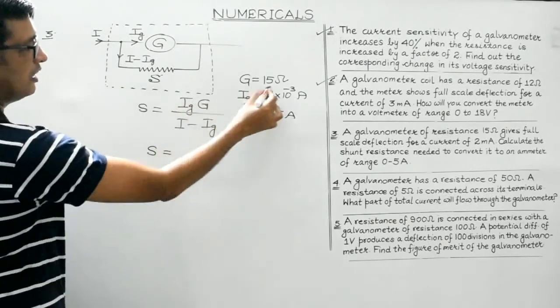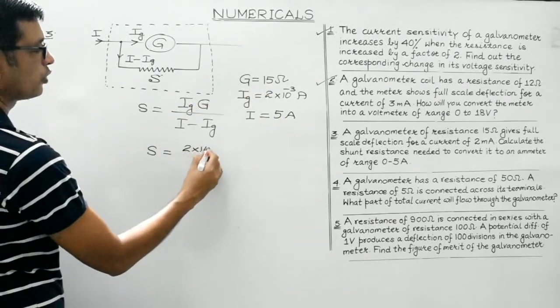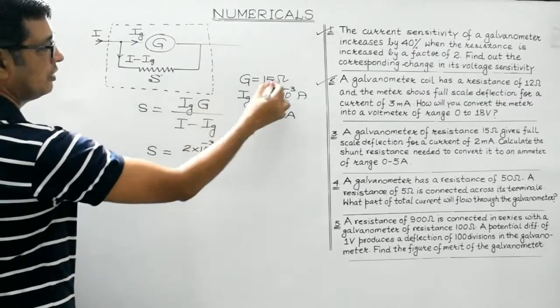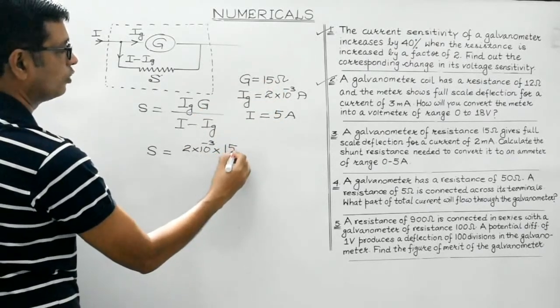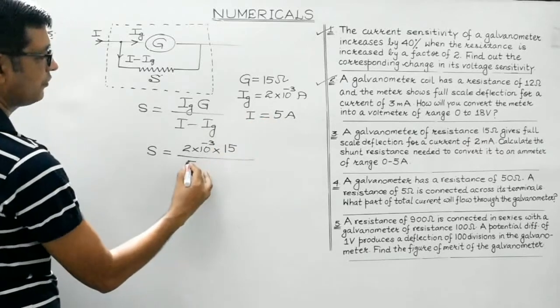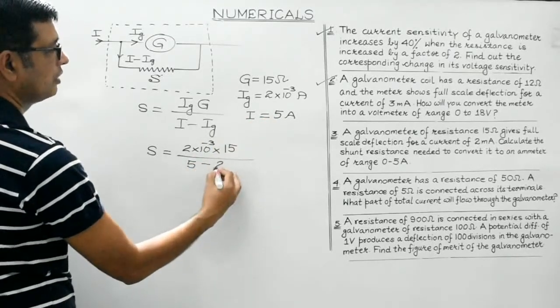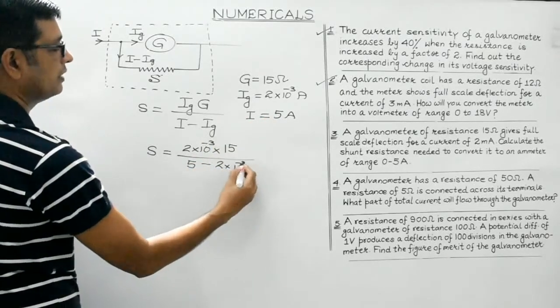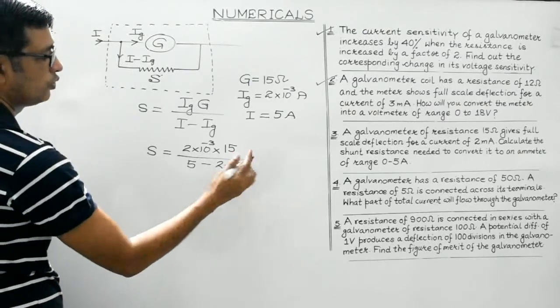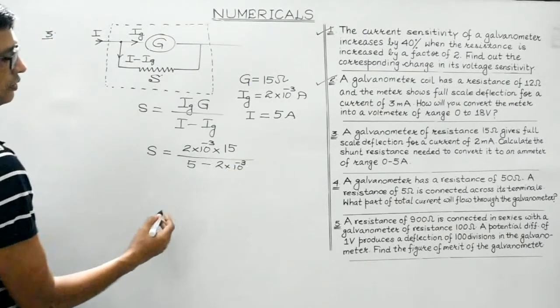So what you get is Ig, it's 2 into 10 to the power minus 3. G is the resistance of the galvanometer. I is 5 minus Ig is 2 into 10 to the power minus 3. Right? 2 into 10 to the power minus 3. Okay.